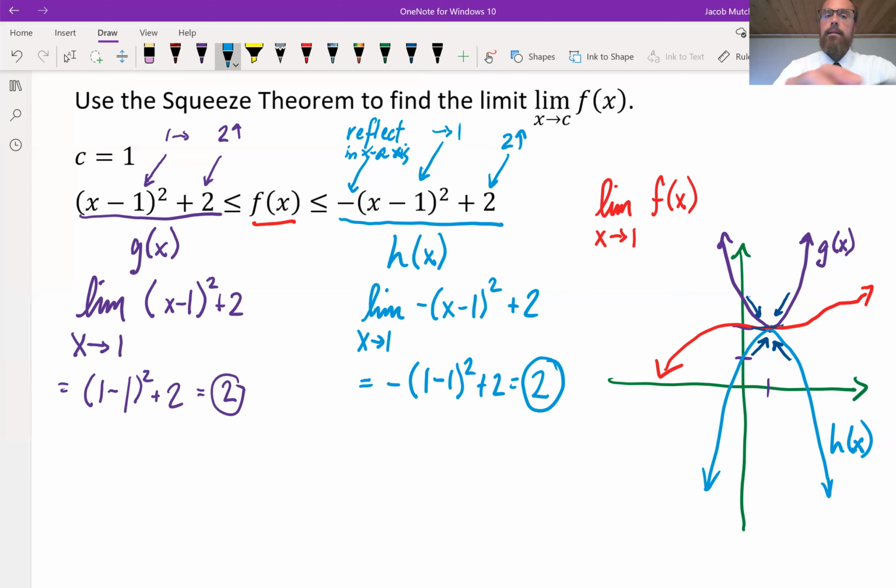And so I see that the squeeze theorem is applicable because the limit as x approaches 1 of g of x, that purple one, equals the limit as x approaches 1 of h of x, and we know that that value is 2.